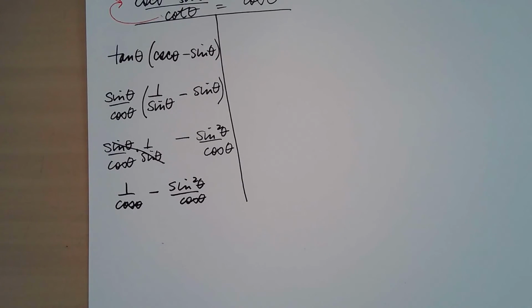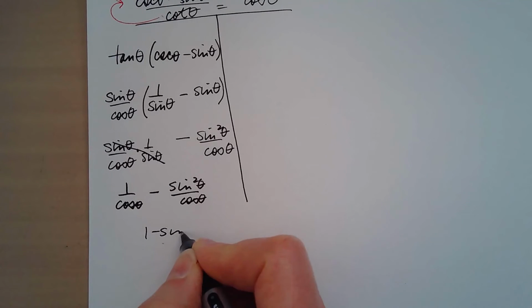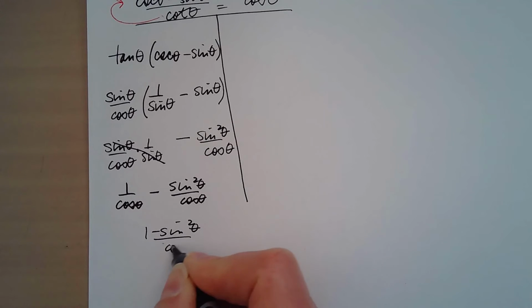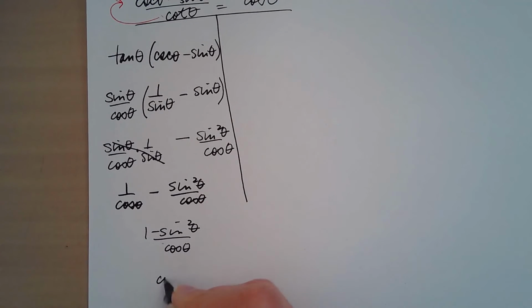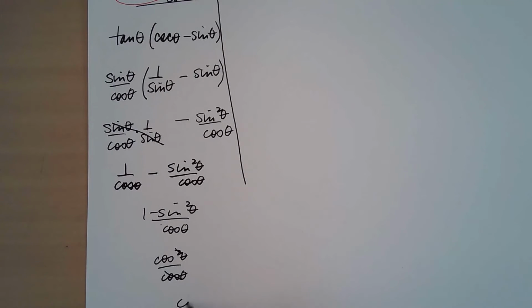Okay, I have the same denominator, right? That worked out nice. So then I get 1 minus sine squared over cos, and you still have to recognize that 1 minus sine squared is cos squared. Cos squared over cos, cancel, cancel. Cos equals cos.